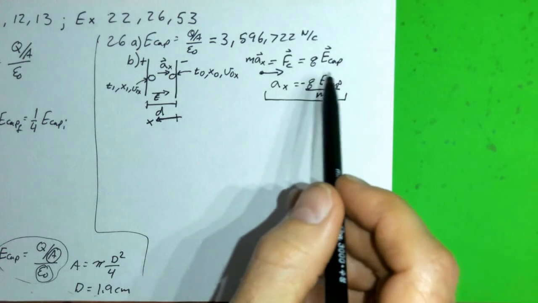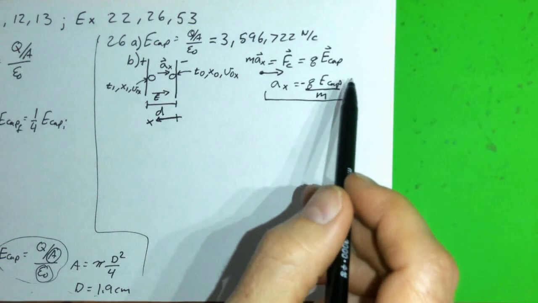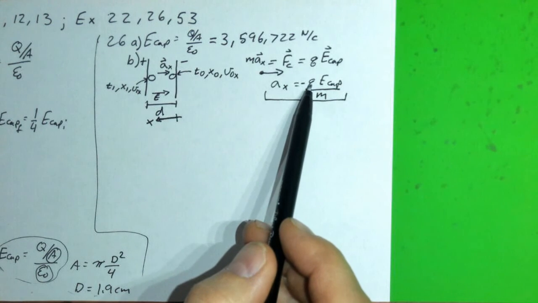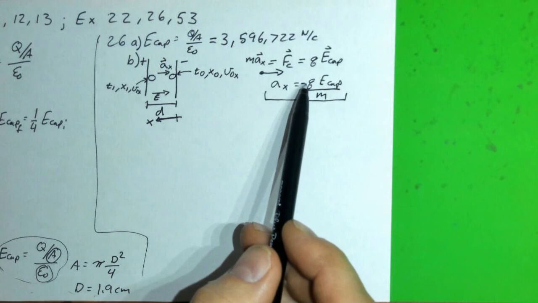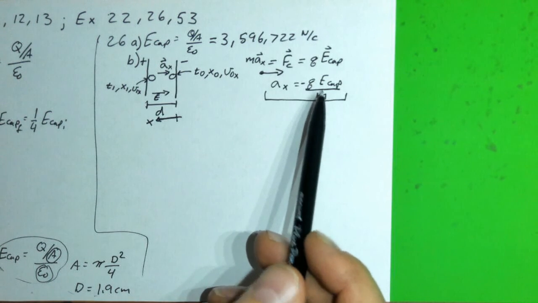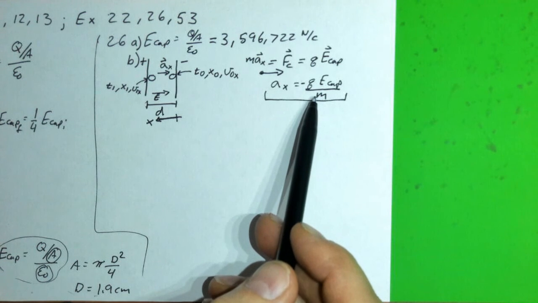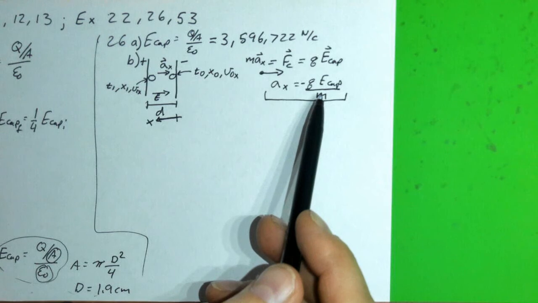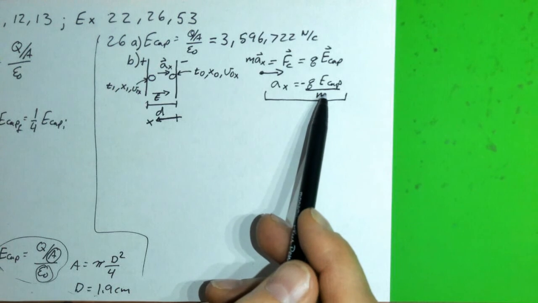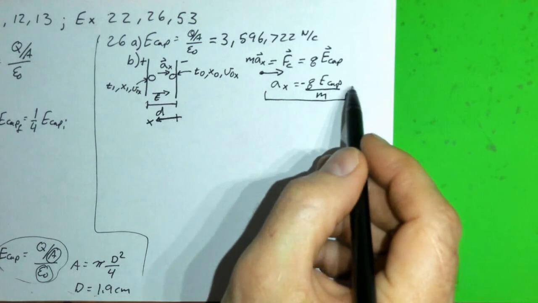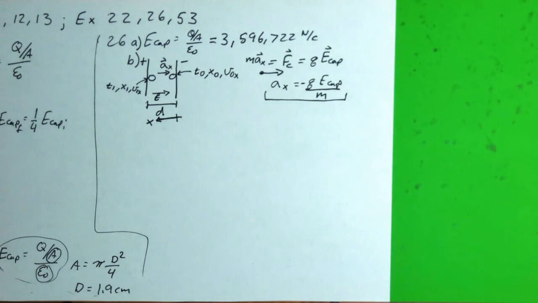If I wanted to at this point, I could just plug in the number and get the value. I know the electric field, the charge of a proton is the same as the charge of an electron, so it's 1.6 times 10 to the negative 19. Again, it's on the front cover of your book. The mass of a proton is 1.67 times 10 to the negative 27 kilograms, also found on the front cover of your book. I could calculate this right now, but I'm going to leave that to you.